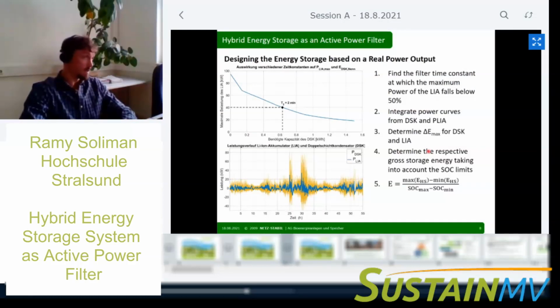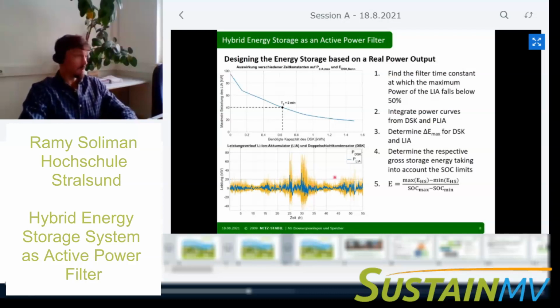So if we take this 2 minute time constant for our low pass filter for dividing the power between the batteries and the supercapacitors, we see in yellow the power to the supercapacitors, and in blue the power to the battery. Without the supercapacitors, the battery has to take all this power. So now we could bring it down by over 50%, as you see here.